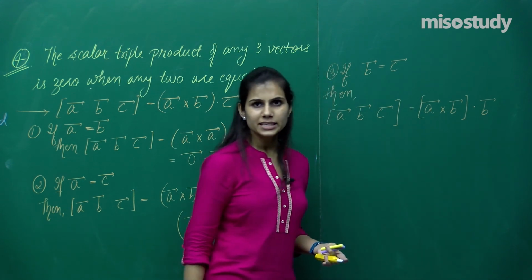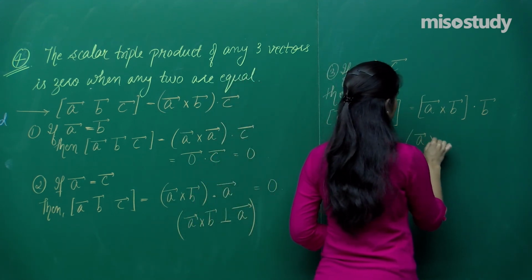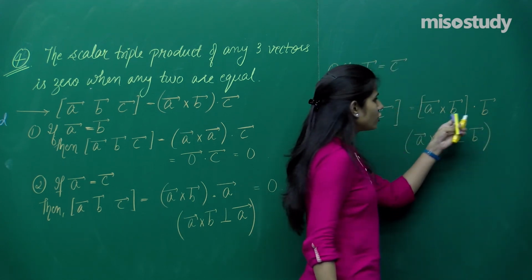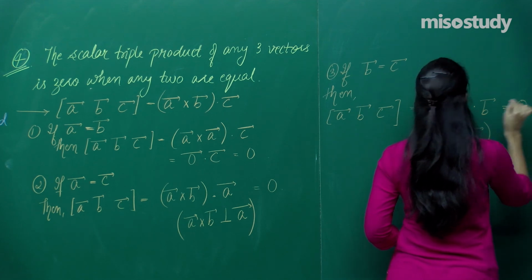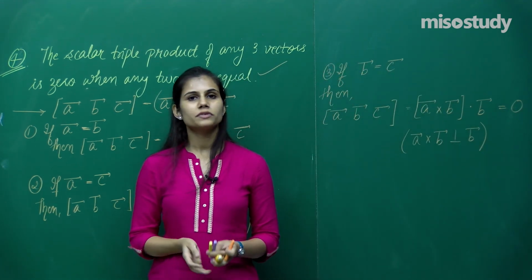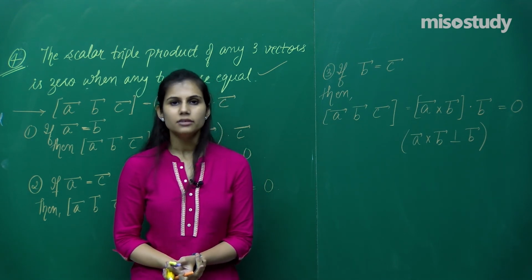I know A cross B is a vector which is perpendicular to both A and B. And therefore, their dot product will again be 0. So this is a very important property, that if two vectors out of the three vectors are equal, definitely the scalar triple product will be equal to the scalar 0.